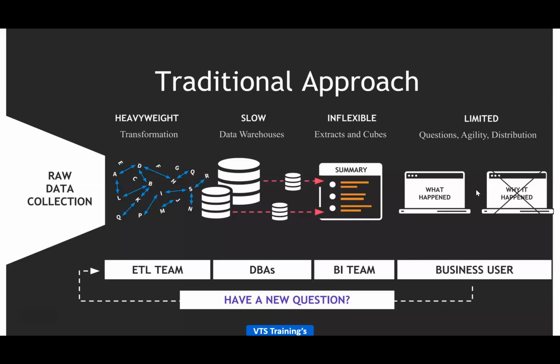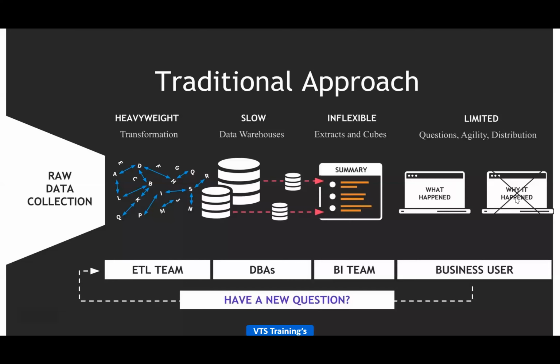The business user has limited access to the report which you provide, not only in access but also in agility and distribution. He may have different questions on top of the report which you developed and sent to him. So everything is limited. He may ask what happened, why it happened, many things.